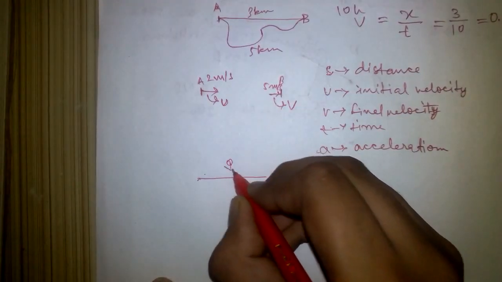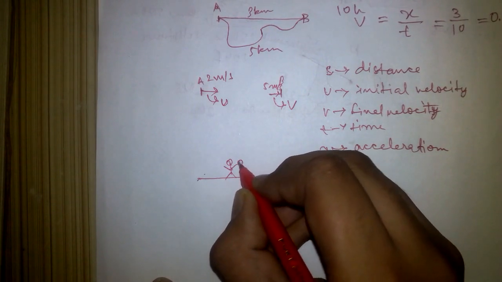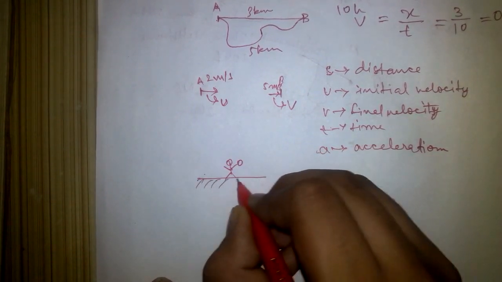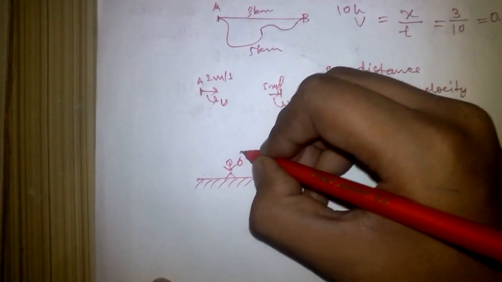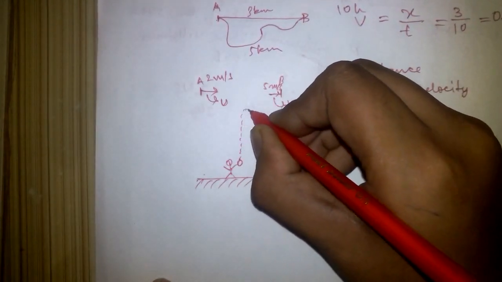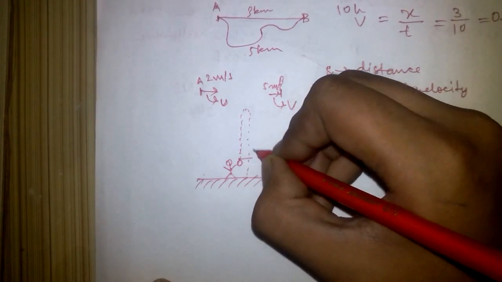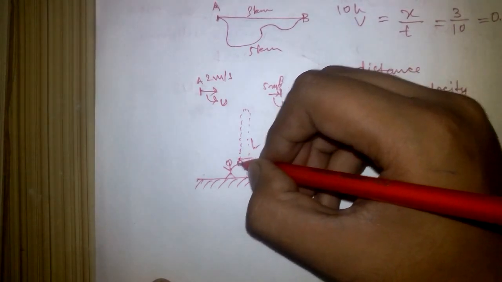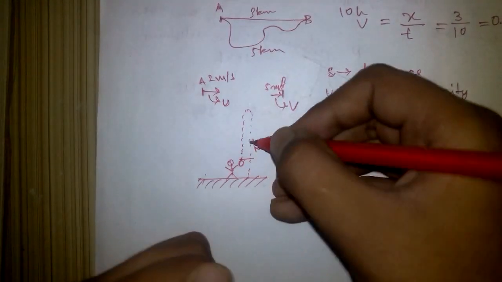Suppose I tell you something more about velocity. Suppose here is a man who is standing on a surface, and he has a ball in his hand, and he throws the ball upwards. The ball goes to height h from his hand, or let the total distance be h.